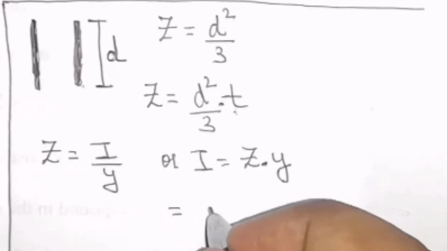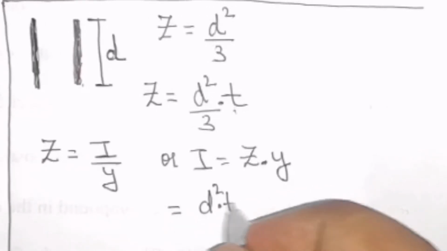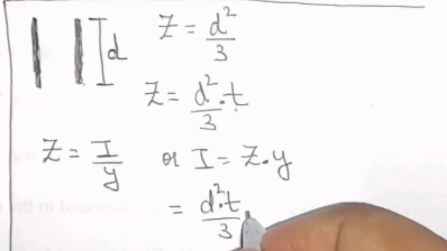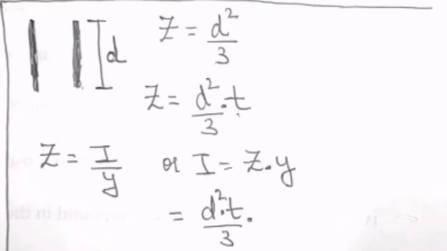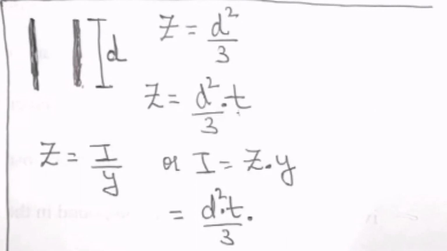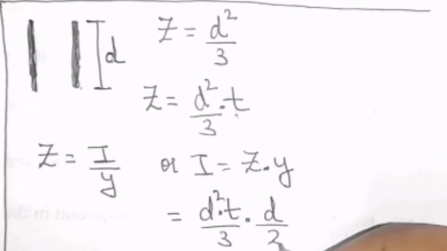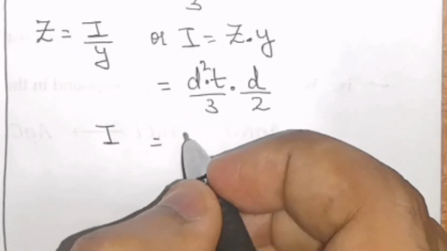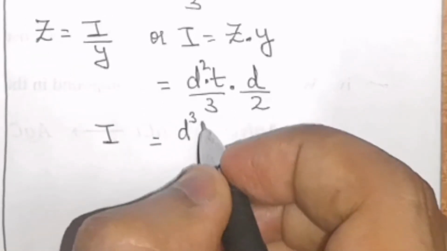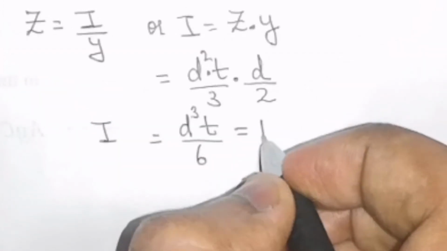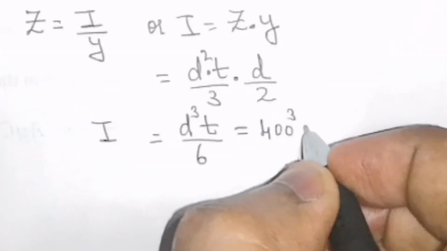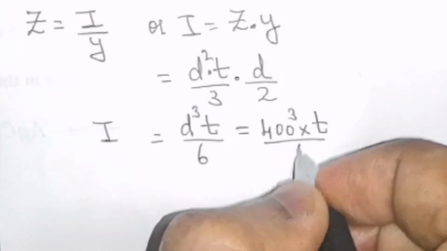which I will get as D square into T by 3 multiplied by Y, where Y is the distance from the CG to the farthest point. Hence I can write it as D by 2. I is equal to D cube T by 6. D we are given as 400, so 400 cube multiplied by T divided by 6.